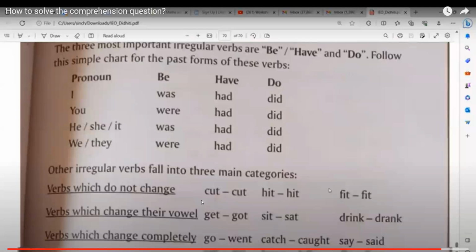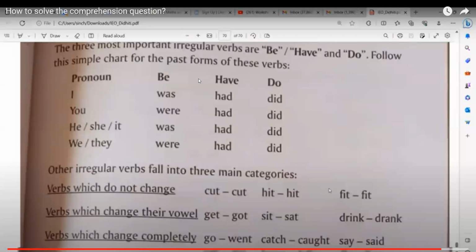Like eat, ate, eaten. Very good. When the whole word changes, then it is called an irregular verb. And when we just add ed or d to make it a past tense, then it is called a regular verb. Excellent.